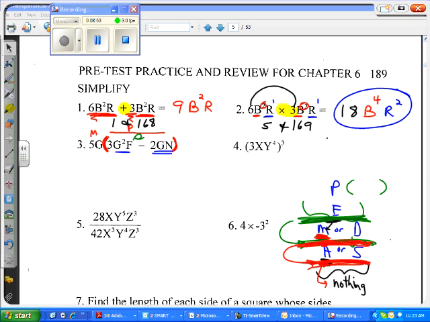The rules for subtraction say to add or subtract, the names have to be the same. In algebra, we call them like terms. Page 168 says to be like terms, the variables and their exponents have to be identical. Those are not identical. The names are not the same, so we cannot subtract, meaning we cannot do what's in the parenthesis. The next operation we come to is multiplication.